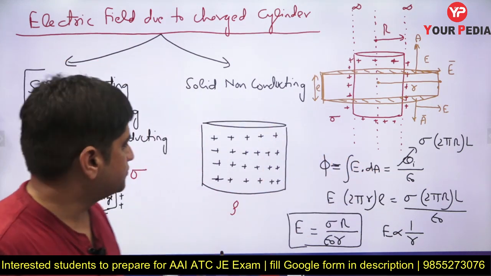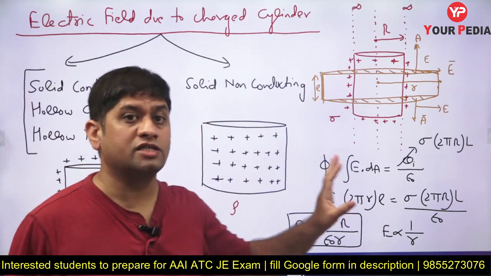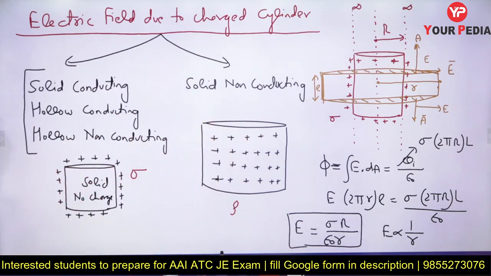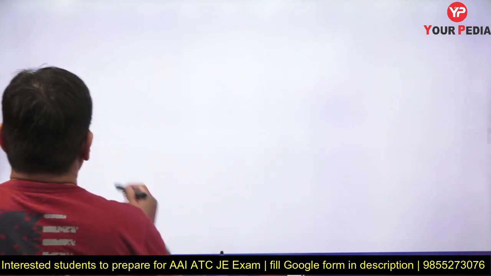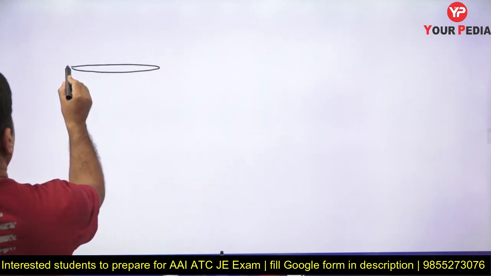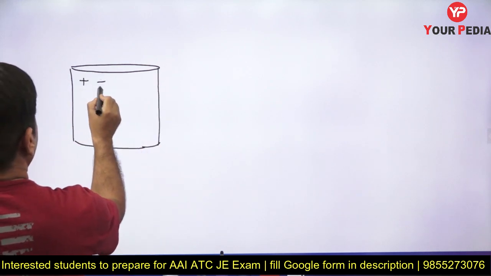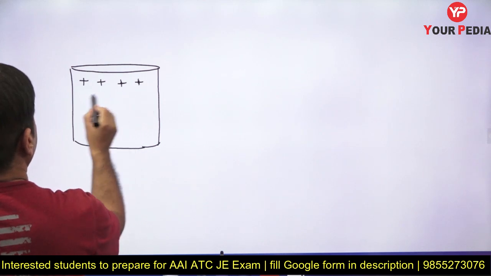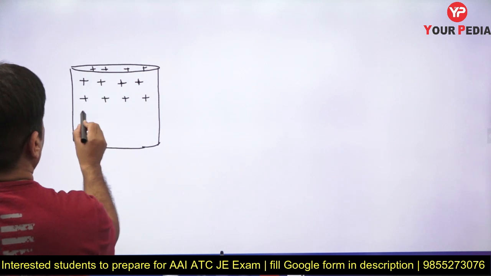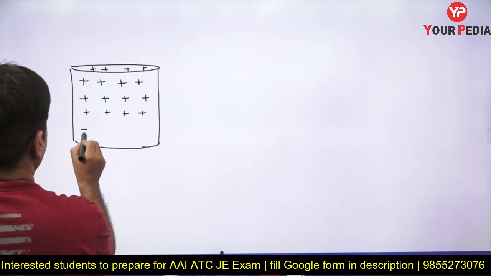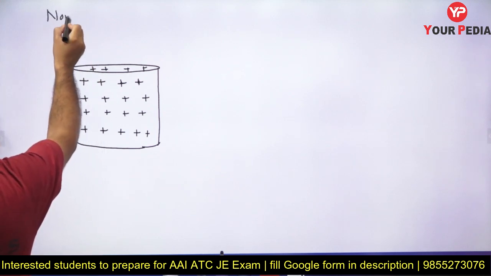Now we are left with this particular case. This is a case where charge is uniformly distributed over the entire body. So now here we get the cylinder where charge is uniformly distributed because it is non-conducting.